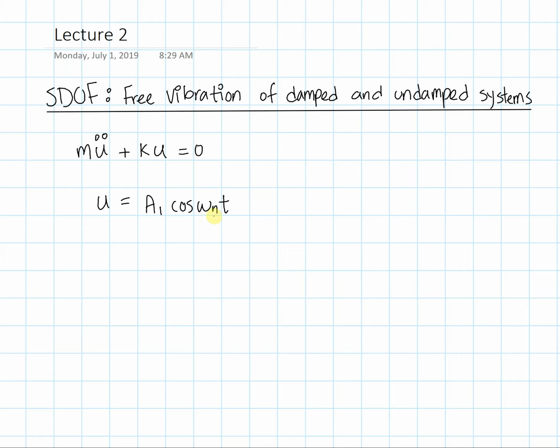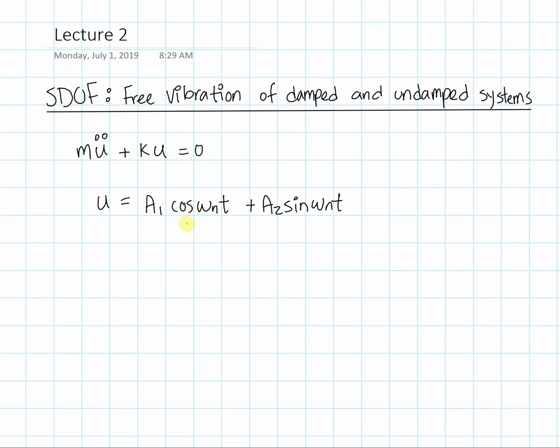As you recall from the last lecture, omega n is the undamped natural frequency, plus a2 sine omega n t. So we're suggesting that this equation is the solution to the differential equation that constitutes the undamped equation of motion.